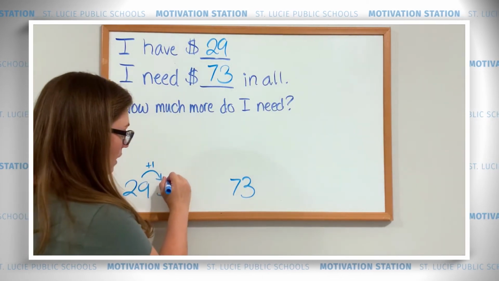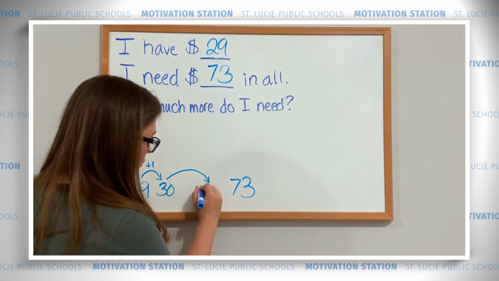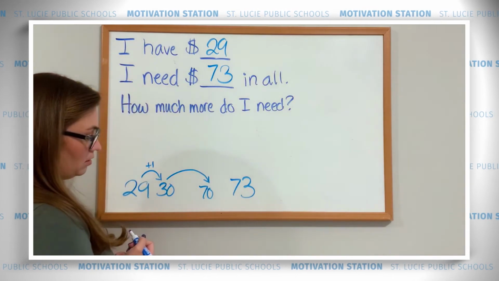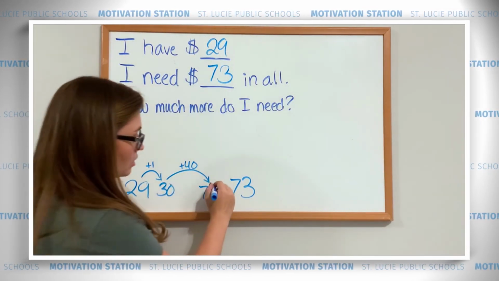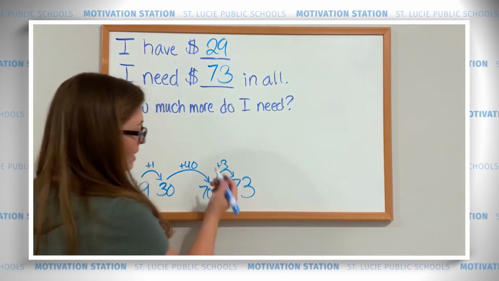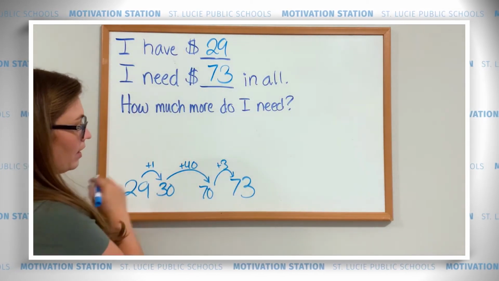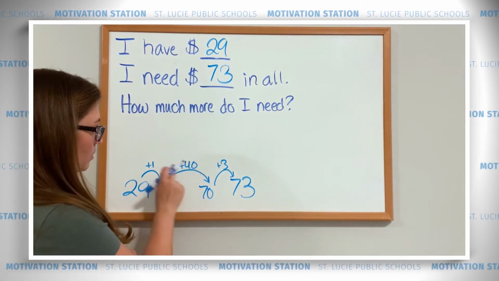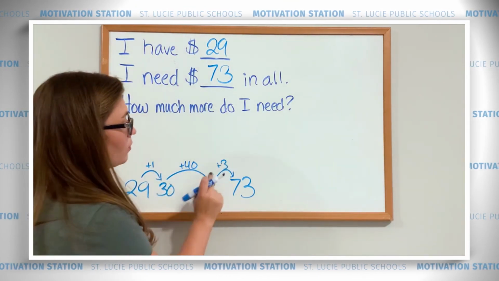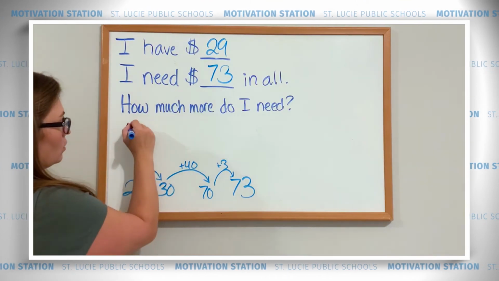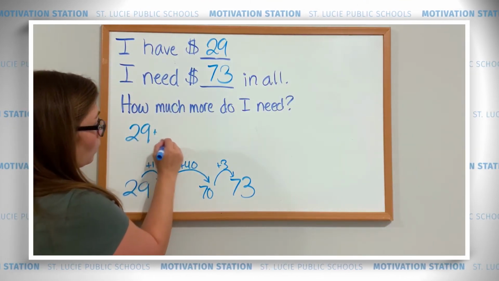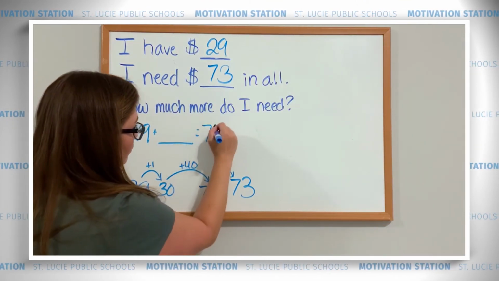Then I can do 30 to 70, well, 30 plus 40. And then I can do a last little jump of plus 3, 70 to 73. Now I have to add all those together. So 40 plus 1 is 41, plus 3 more, 44. So this would be 29 plus what got us to 73? Well, that was 44.